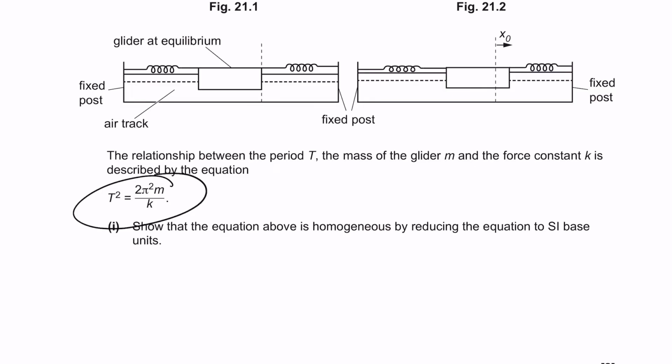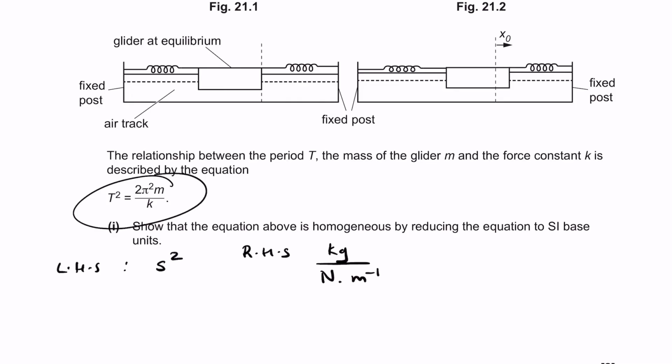So we know the base units on the left-hand side is just second squared. And the base units on the right-hand side, we're going to have to work out. Pi is obviously unitless. M is kilograms. And you have K, which is spring constant, and that is in newtons per meter.